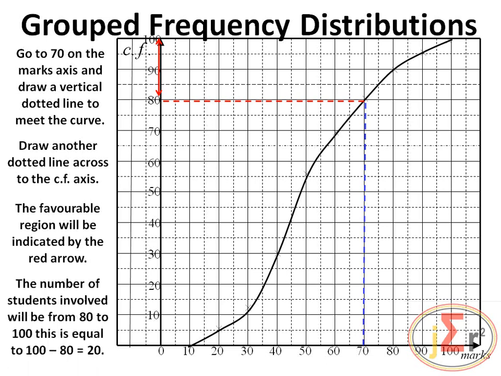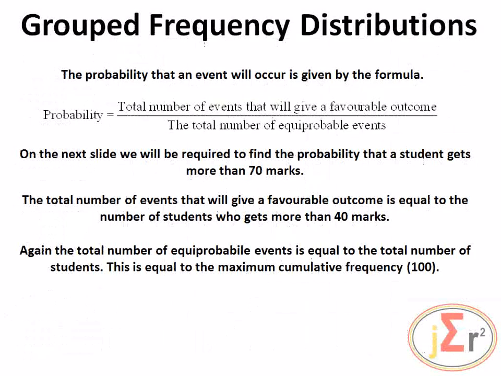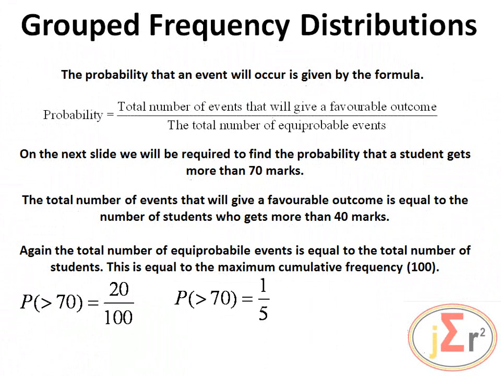So the number of students involved will be from 80 to 100. This is equal to 100 minus 80, which is equal to 20. So the probability is going to be 20 over the total, and that is equal to 1/5 or 0.2.